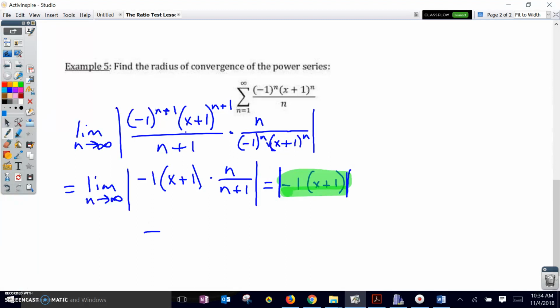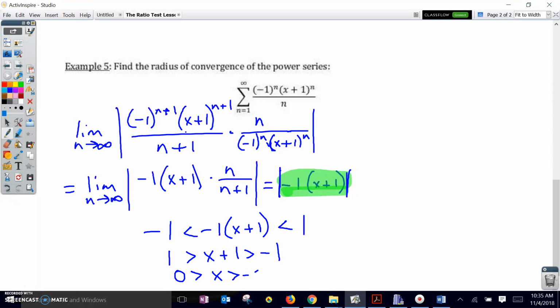And so that means that what's inside that absolute value has to be between negative 1 and 1. And we can find the interval of convergence by solving this inequality. We multiply all three parts by -1. We subtract 1 from all three parts. And so the interval of convergence is from -2 to 0.